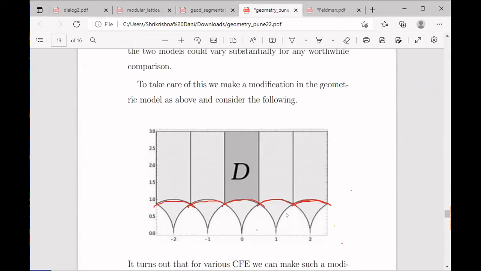Okay, so initially we were looking at these arc segments, each corresponding to one integer, and look at where your geodesic fell. But instead, what we should do is to extend these arcs. Each of these arcs you extend a little bit. How much I'll come to that later.